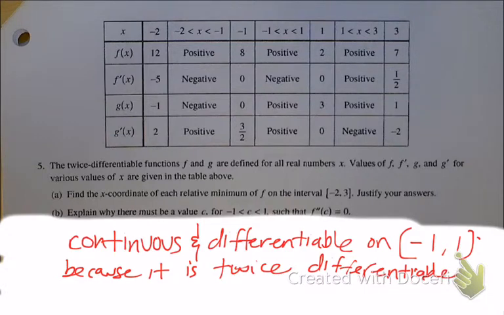I know that f prime of -1 equals f prime of 1, which equals 0.